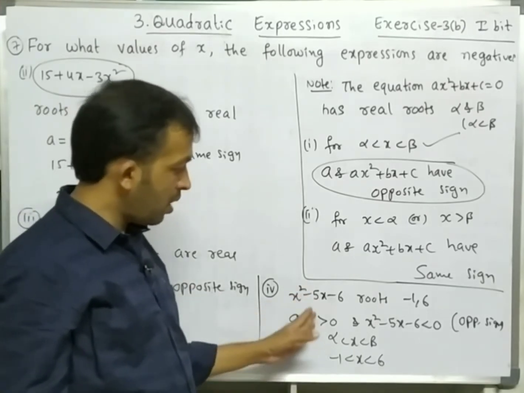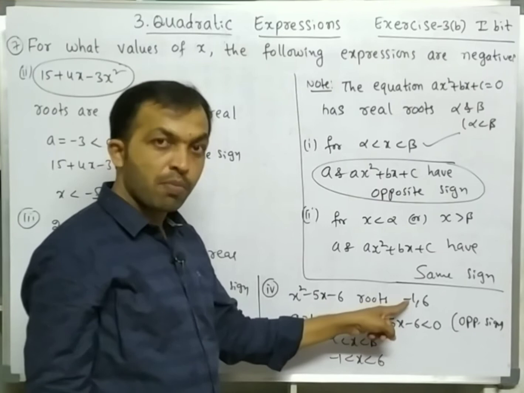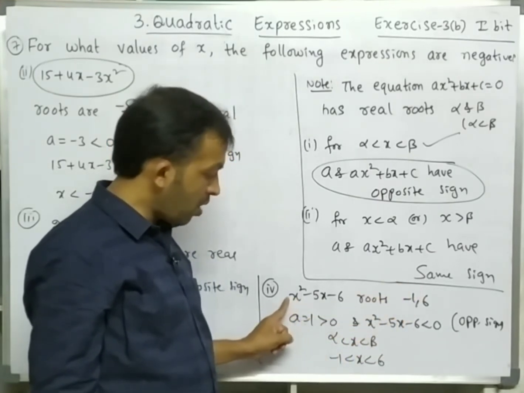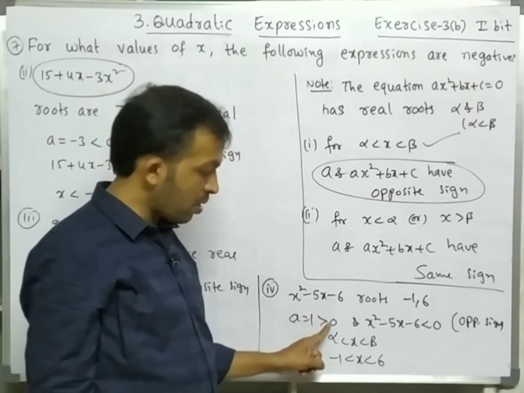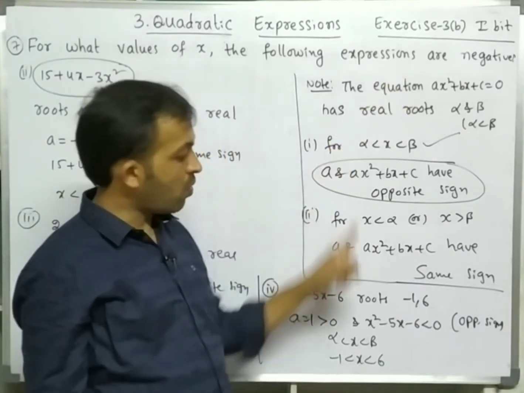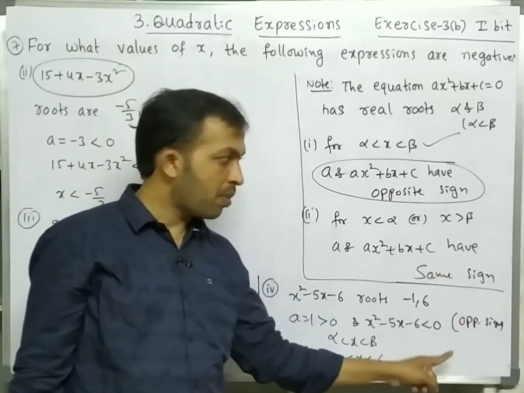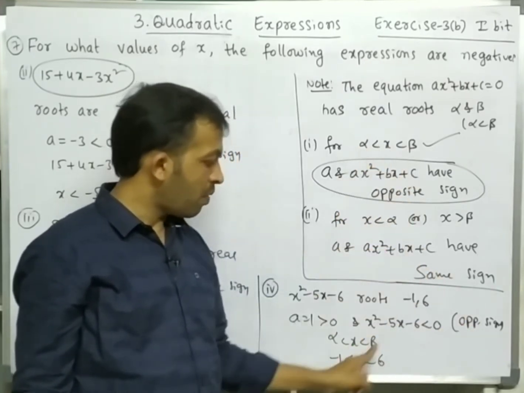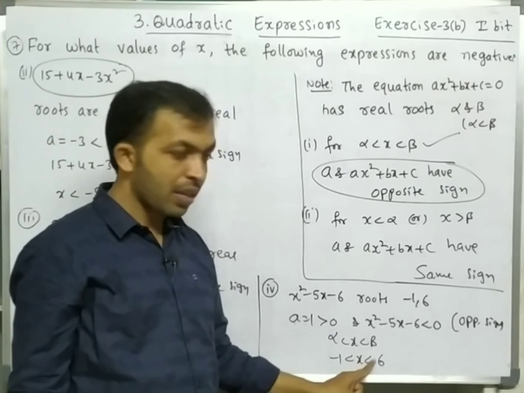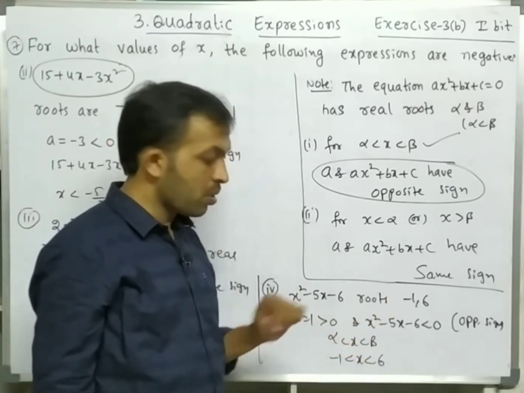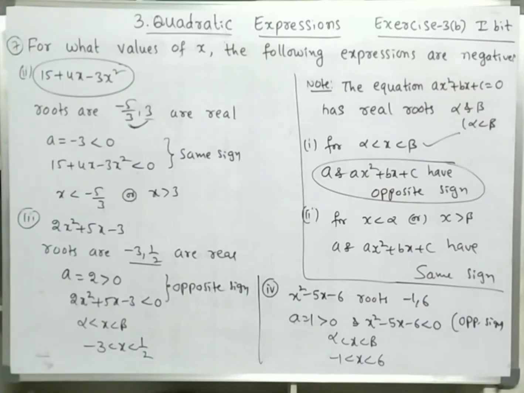In the same way, the fourth problem, the roots are -1 comma 6. The value of a is 1, which is positive. The question is, the quadratic expression should be negative. Both have opposite sign. When is it possible? If x lies between alpha and beta, that means -1 less than x less than 6. For other values it is positive. So like that you have to understand.